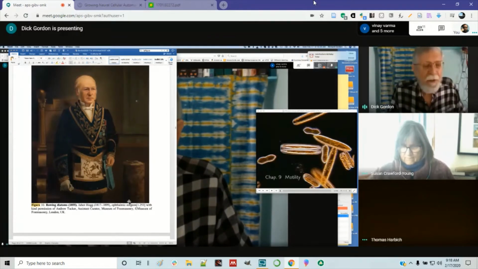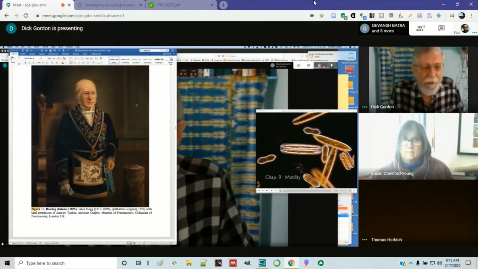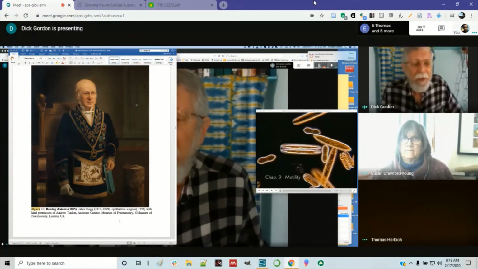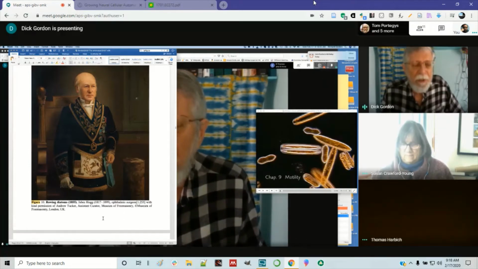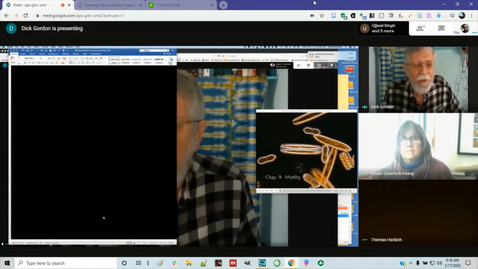The next model was started by Jabez Hogg. He was an ophthalmic surgeon, and he saw the diatoms sticking out. Here's his picture.